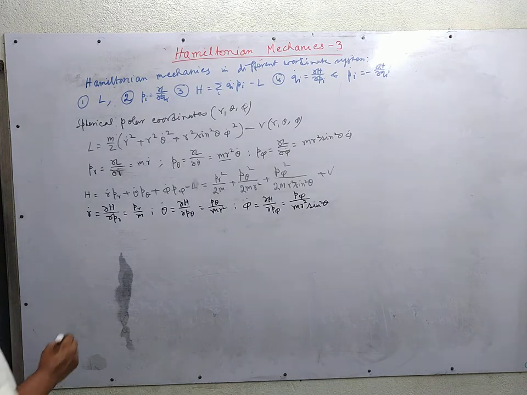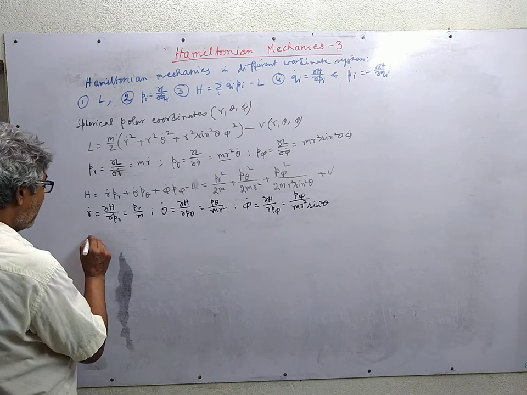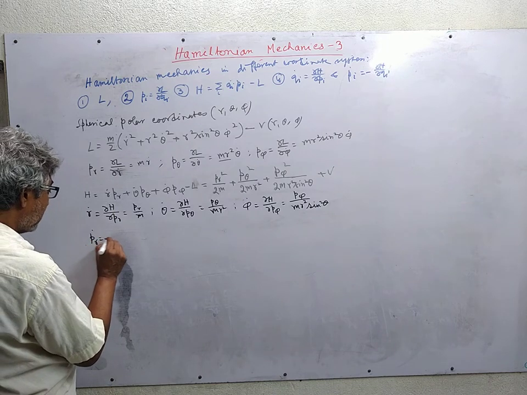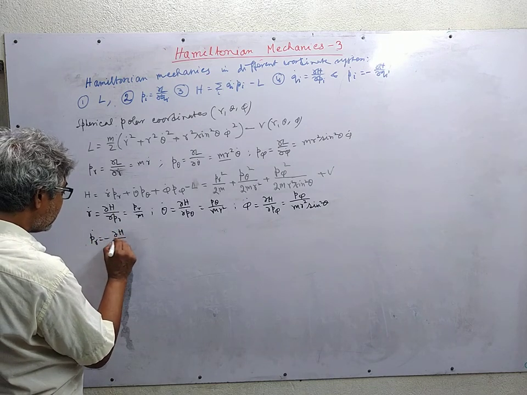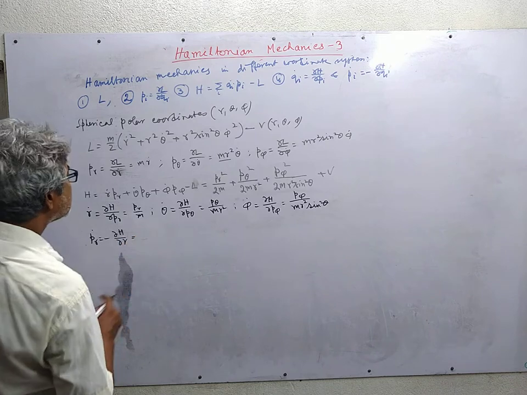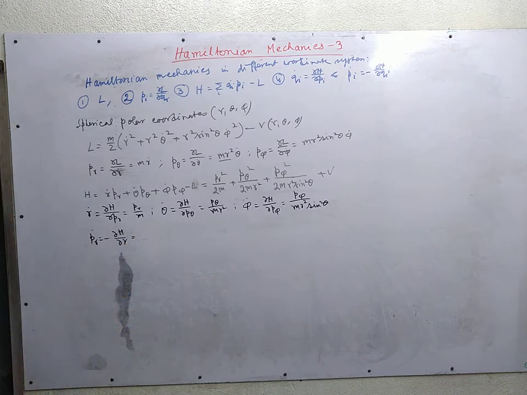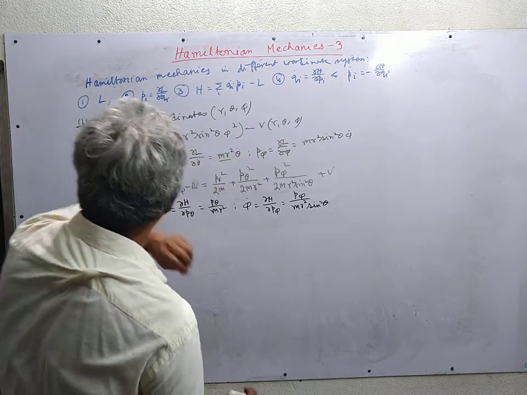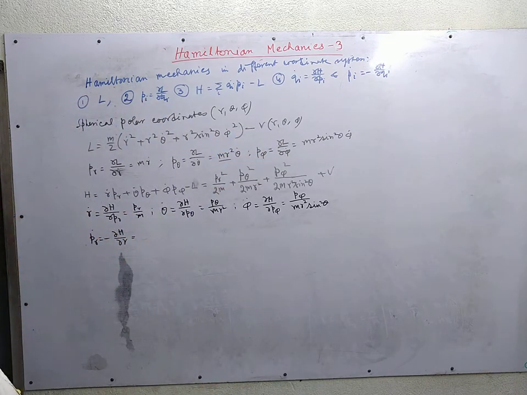And finally, PR dot is equal to minus del H del r. Now the relation becomes a bit complicated. First, there is r dependence, there is r dependence, and there is r dependence. So there will be three terms.